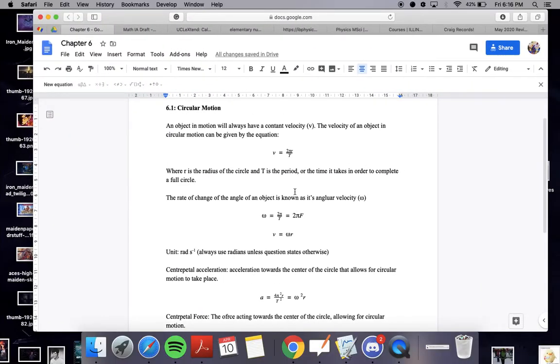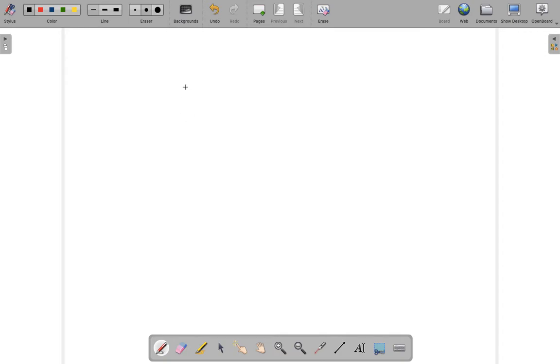All right, so circular motion, quite literally an object going around in a circle. If you have an object going around in a circle with a constant velocity, a constant speed, then the velocity of that object can be given by this equation. Let me write it out on the board.